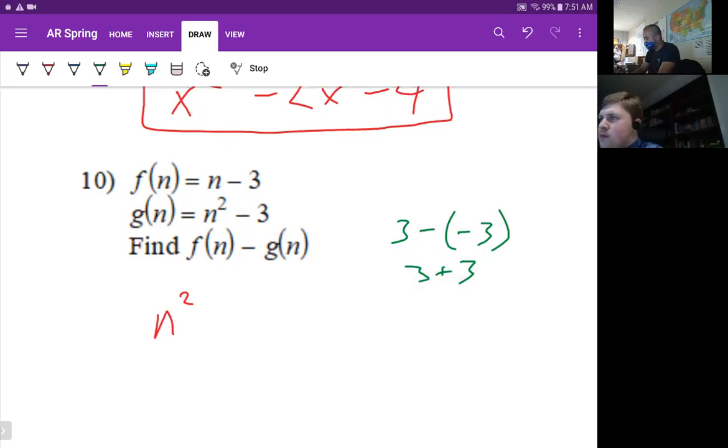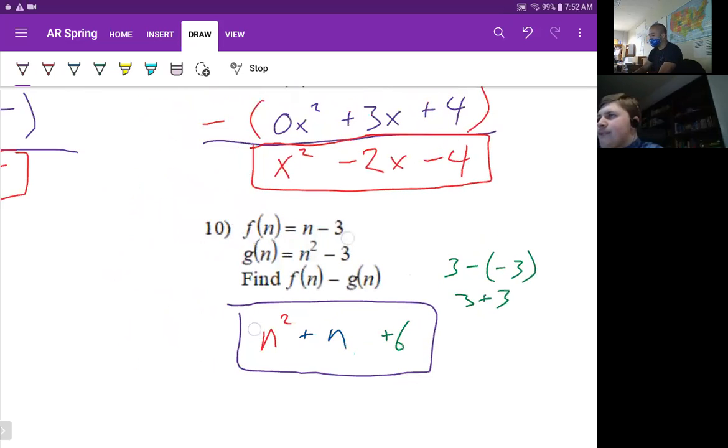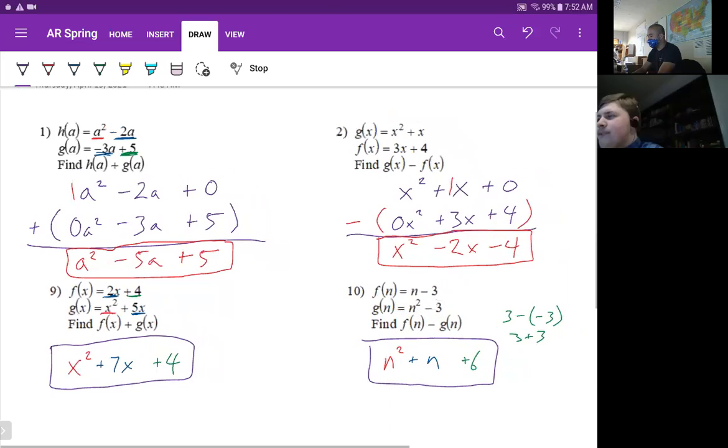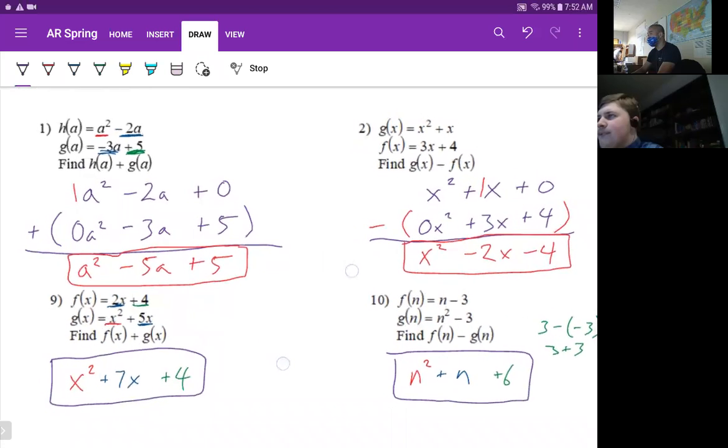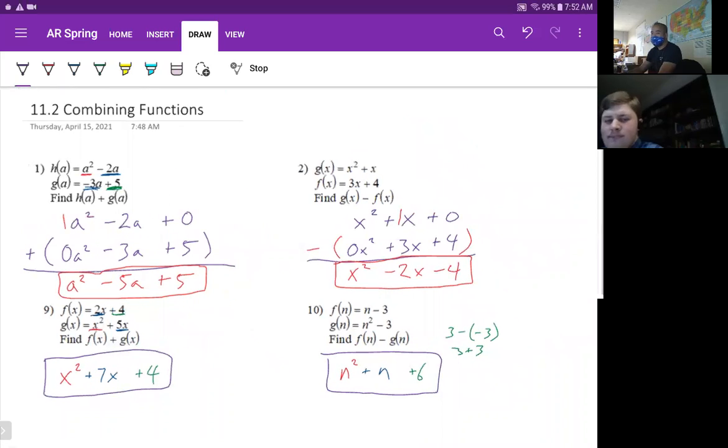So that 3 minus negative 3, that's going to be plus 6. And then the n is just by itself in the middle there. So that's number 10 here. So these bottom two, you can do them mentally, or the top two, you can write them out like that. That's 11.2.